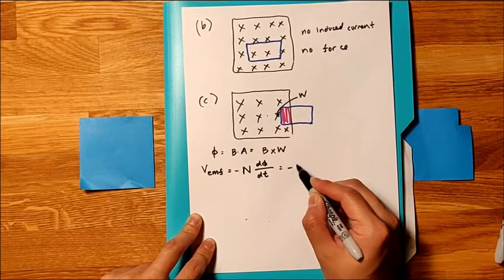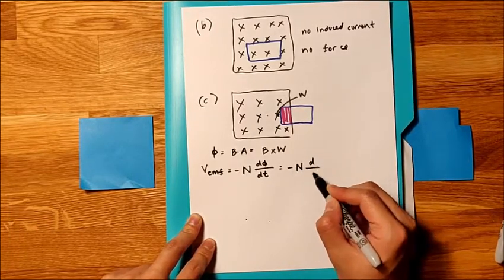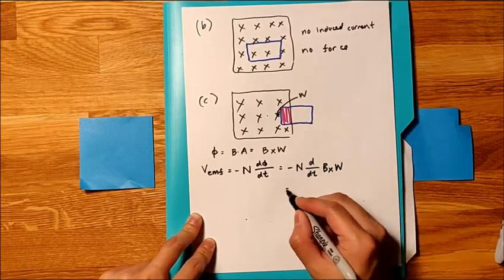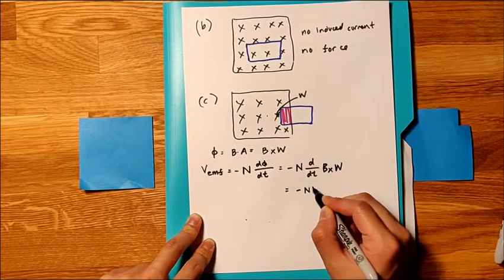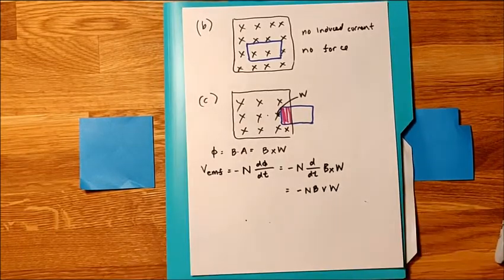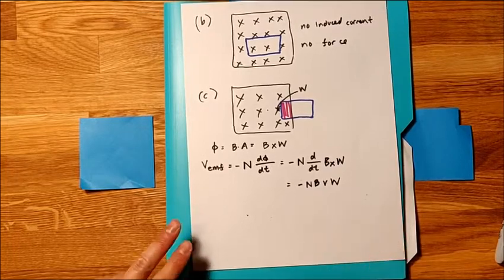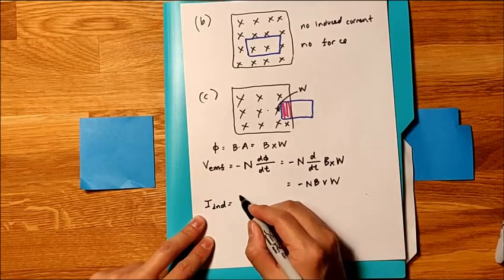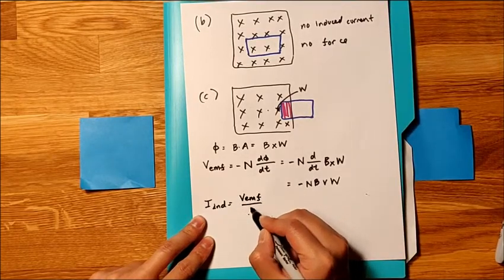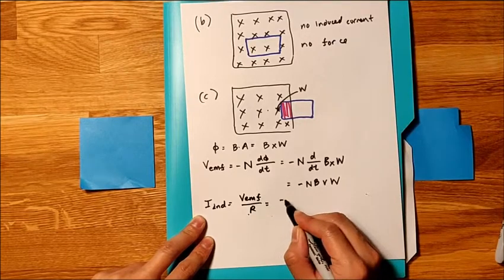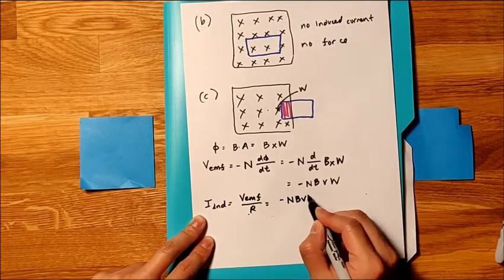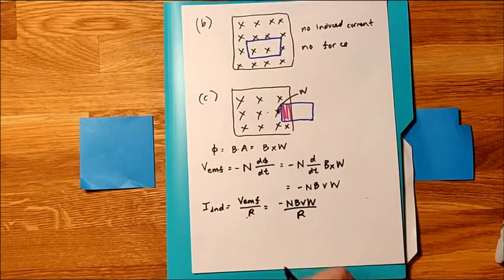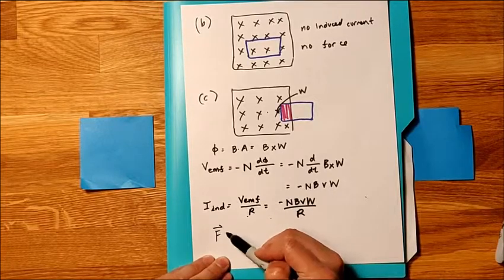And this will just be negative N times d over dt of BXW, or we'll get the same result as negative N B V W. Now finding the I induced, or the induced current, which is simply EMF over R, or negative N B V W over R. So now that we have the induced current, we can find the force.